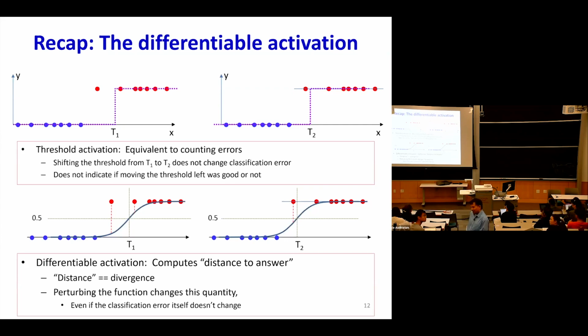No, so for this to work, we had two requirements. What were those? That your activation function is continuous and differentiable. Perfect. And what was the other one? Krishna?